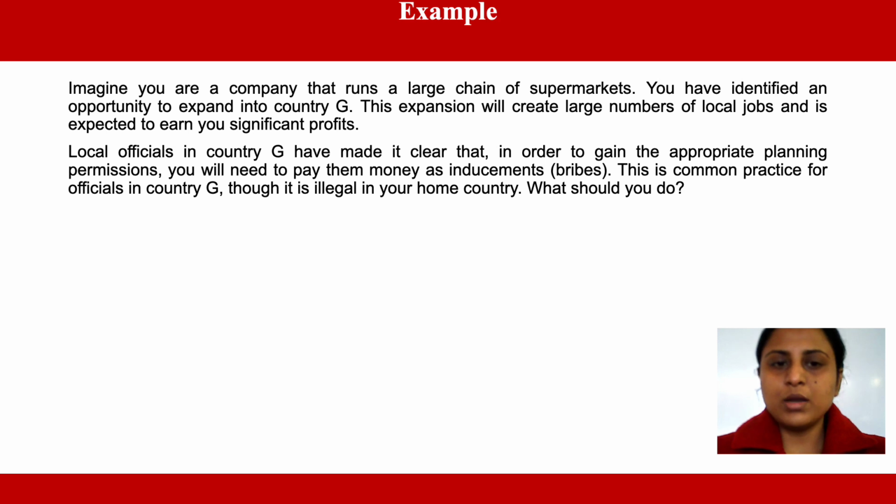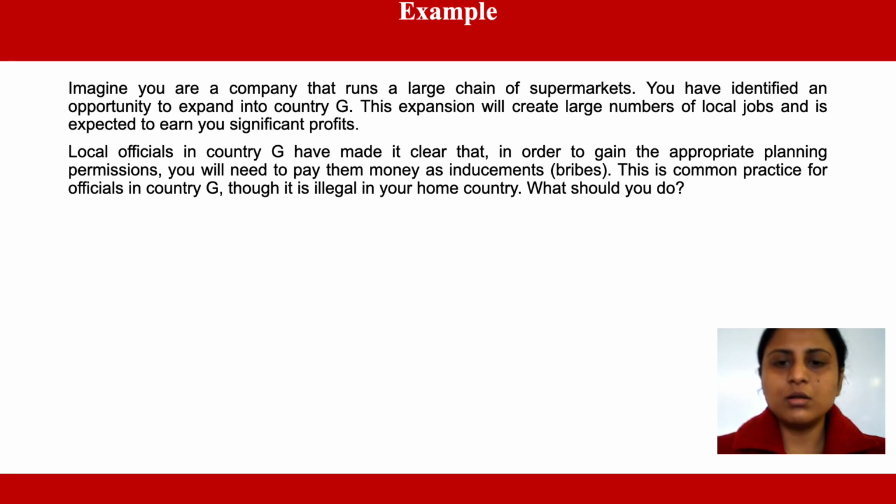Now under the pluralist approach, it would look at ensuring that the needs of none of your stakeholders are seriously compromised if you are paying the bribe. When you pay the bribe, of course there will be some loss to your stakeholders, but at the same time there are high chances that they will gain from paying this bribe.